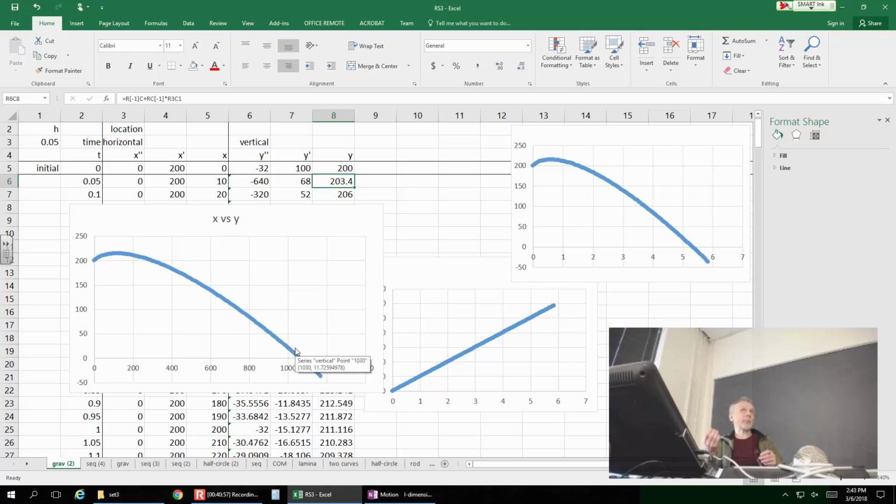So what's going to happen if in the middle of the flight the gravity disappears? What's going to happen to the trajectory? It goes parabolically and then the gravity disappears.